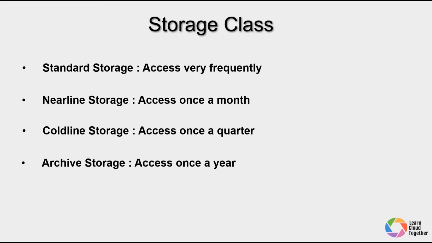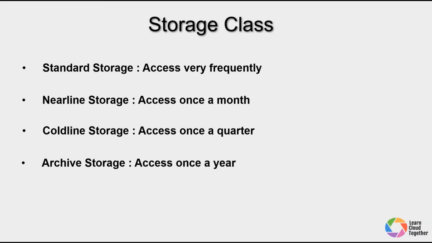The third storage type is Coldline Storage. It's very low cost, and the use case for this one is mostly for storing disaster recovery data, which has a chance of being accessed once in a quarter. And the fourth storage class is Archive storage.